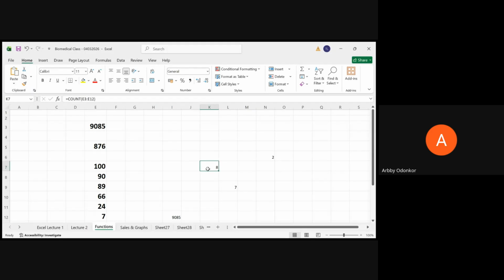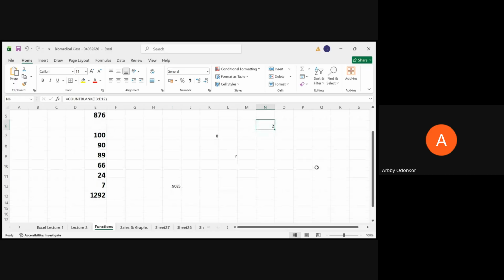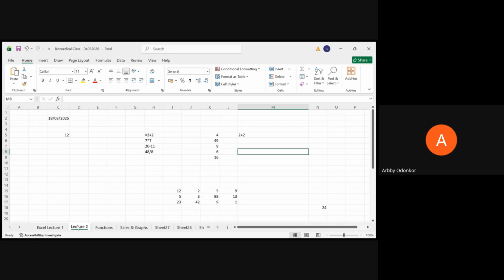This one we are counting. This one is count blank. This is the minimum number. I'm sure this is the maximum number. So we've done some functions. And then when we came to lecture 2, we did some calculations.